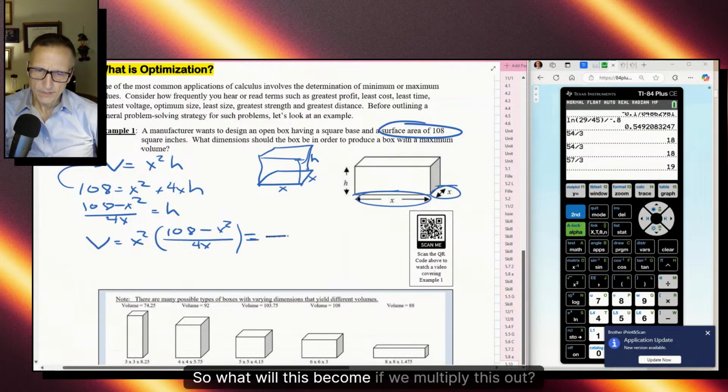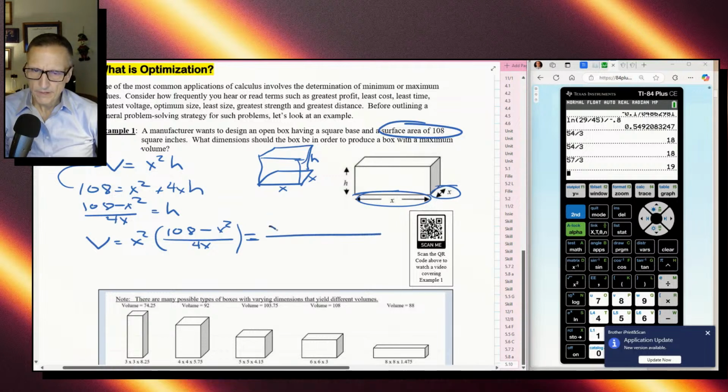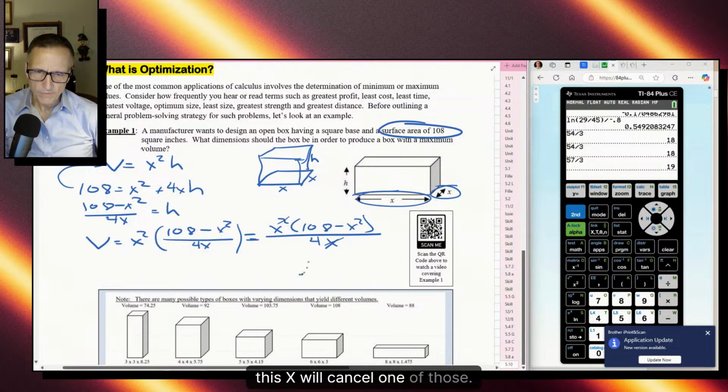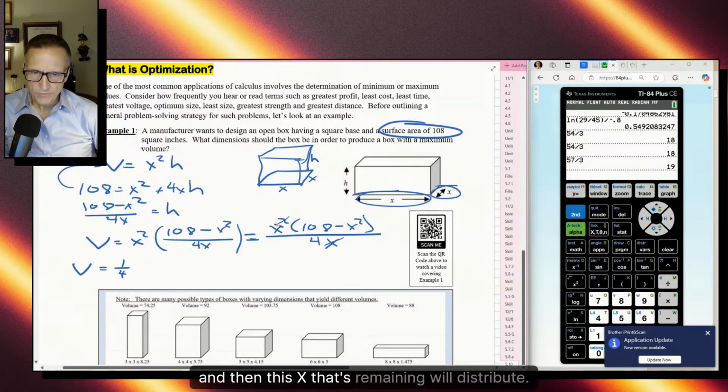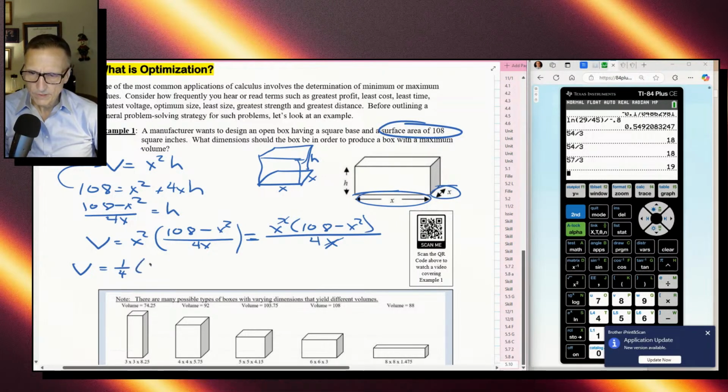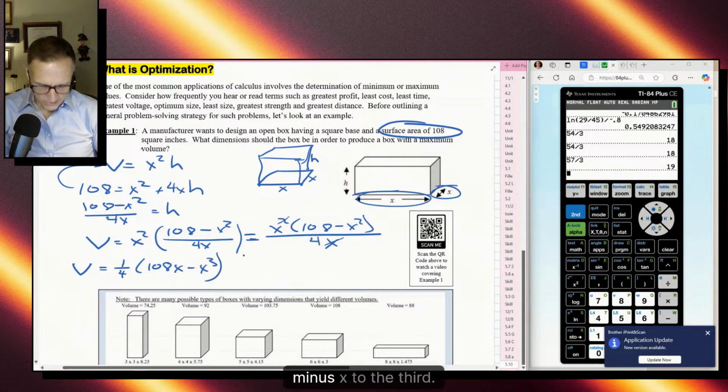Now that's one variable, and what we can do is simplify this and take its derivative. So what will this become if we multiply this out? Well, if we put the x squared on the top, this x will cancel one of those. So let's rewrite this as 1/4. And then this x that's remaining will distribute. So that would be 108x minus x to the third.